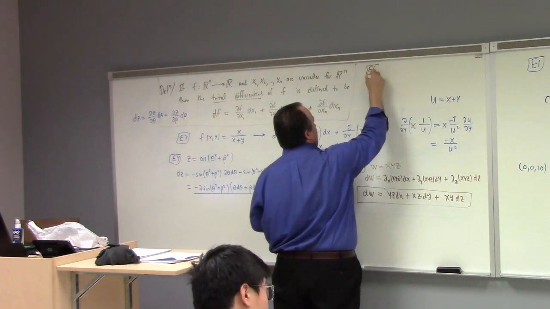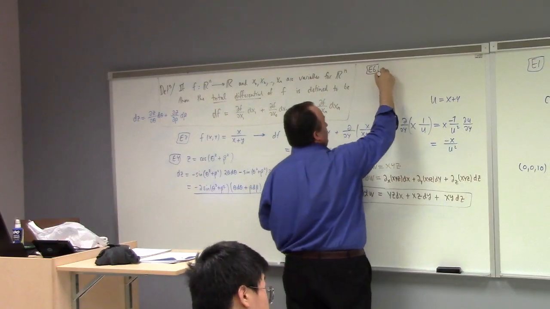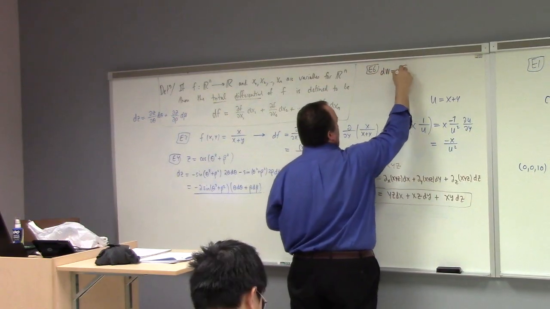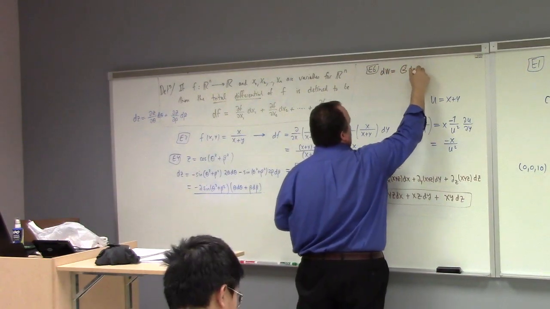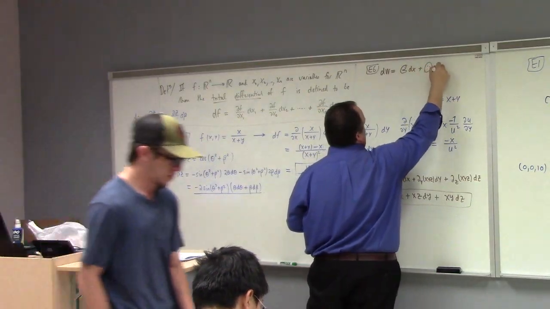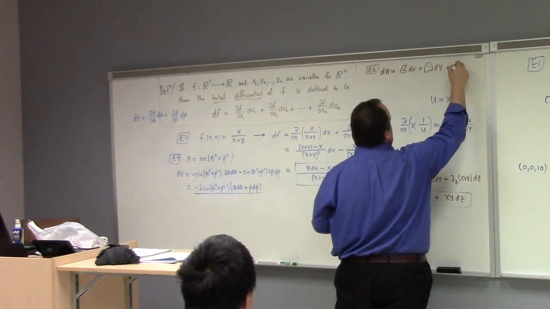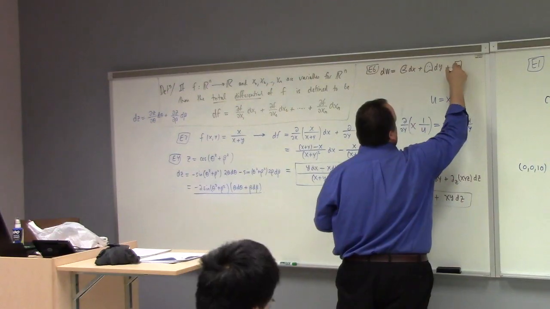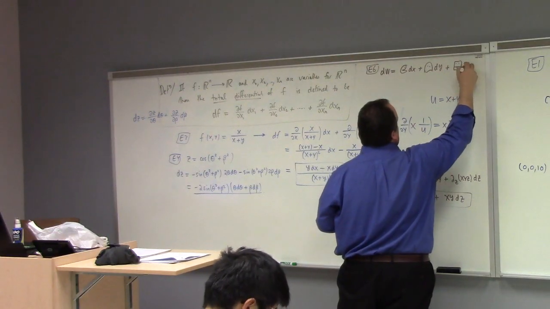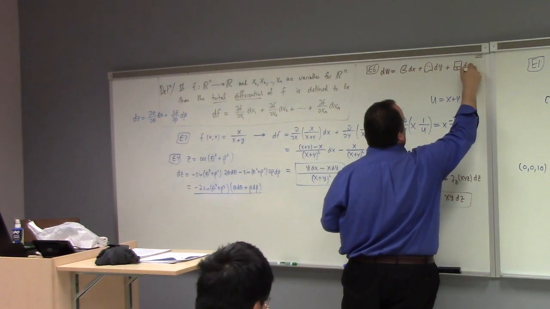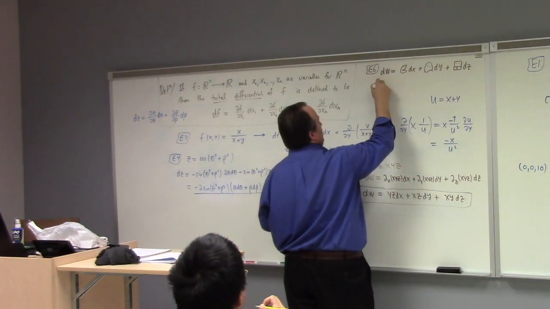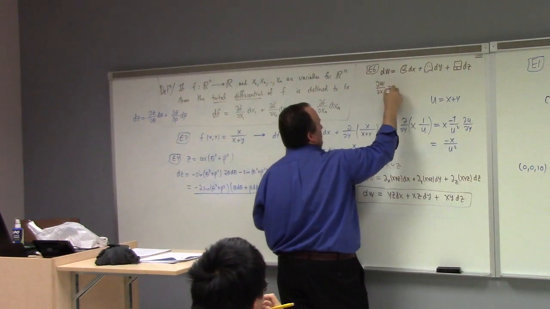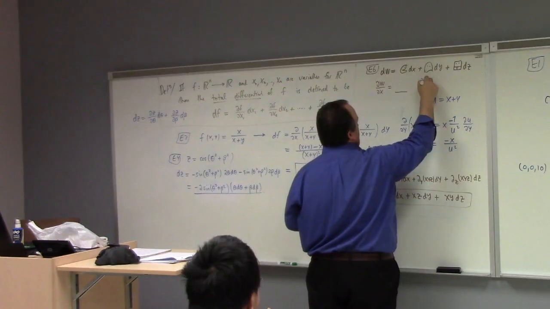For example, if I told you that dw was Pac-Man dx plus Ghost dy plus SpongeBob dz, and then I asked you, what's partial w partial x equal to? What's partial w partial y?